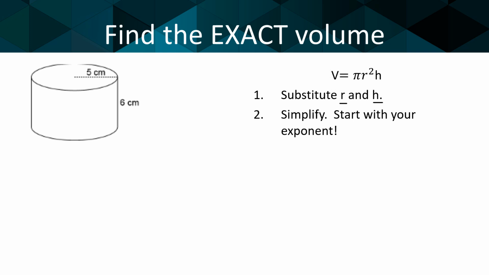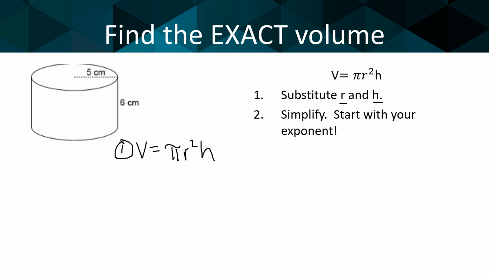Let me write my step 1. I'm going to rewrite my formula with R and H substituted. I'm going to rewrite the formula first: volume equals pi r squared h.